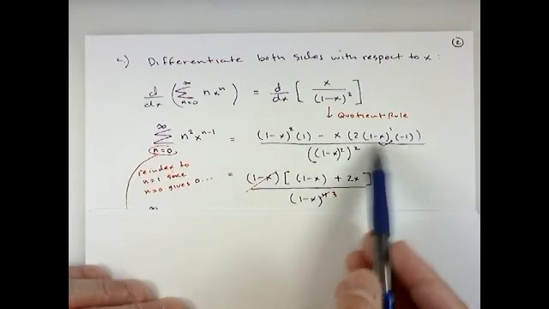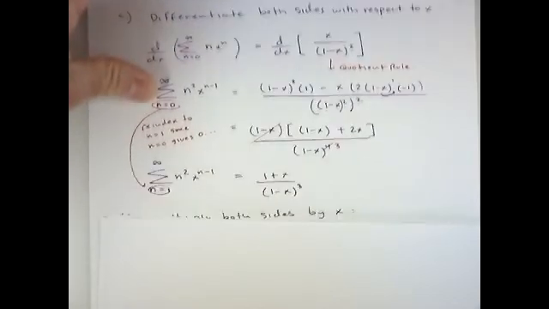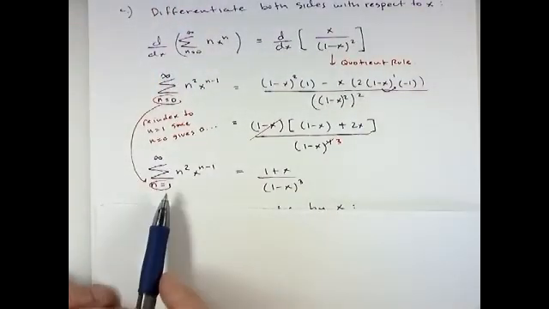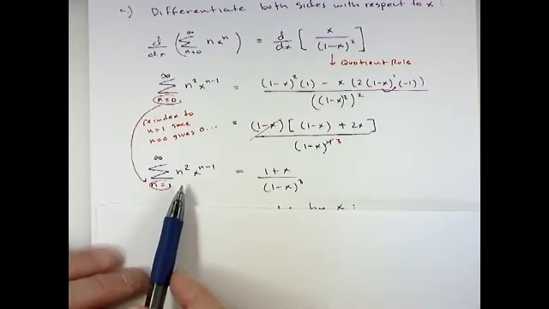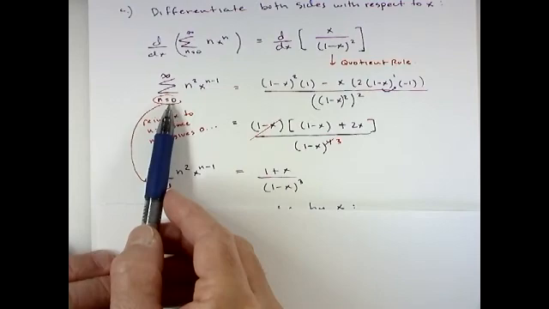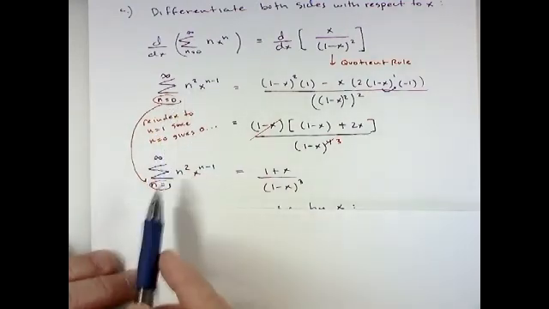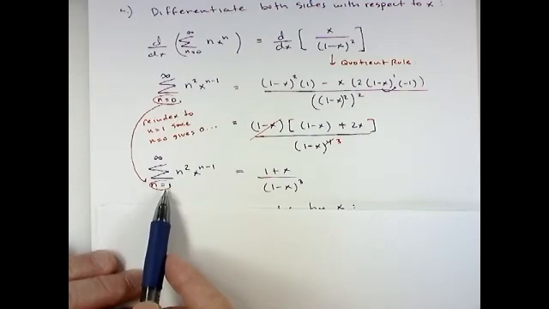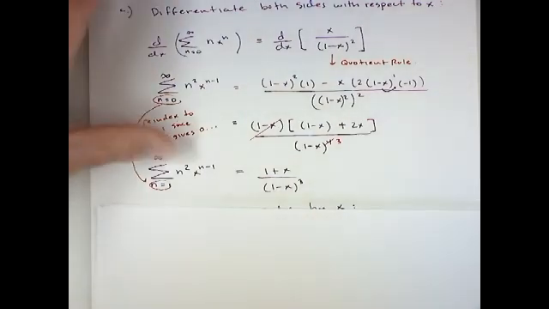So you could run through that, simplify it down, and you should get to this. Now, we are going to re-index this. We can index this at 1 now. It was at 0 before, but notice if you plug in 0 for n, you're going to get 0 anyhow, so we might as well just re-index this to 1. The right side simplified to 1 plus x over the quantity 1 minus x cubed.